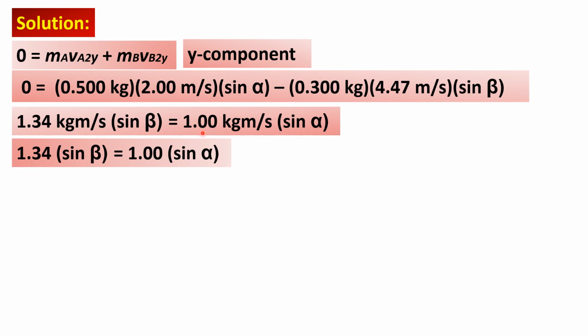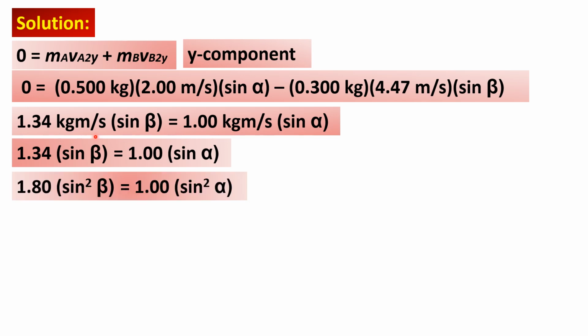Now, we just transpose this term to the left side, and that is 1.34. This is the result of multiplying 0.3 by 4.47. And also, the product of 0.5 and 2 is in fact 1. So that's how we got 1.00 sine alpha. And just like in our previous procedure, the next thing that we will do is to get the square of this equation, both sides.